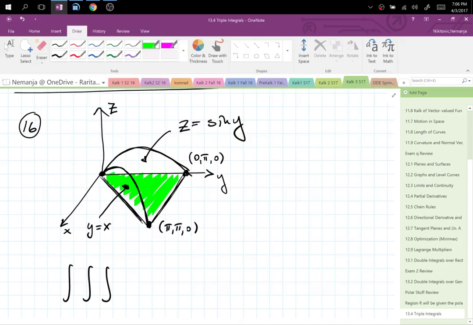Yes? Now your shape is symmetrical as z equals sine y. So you're good.